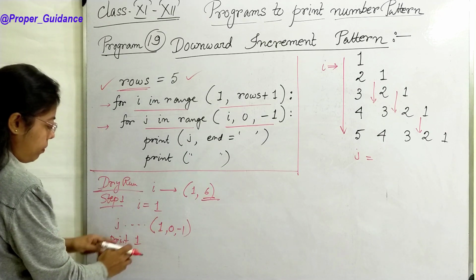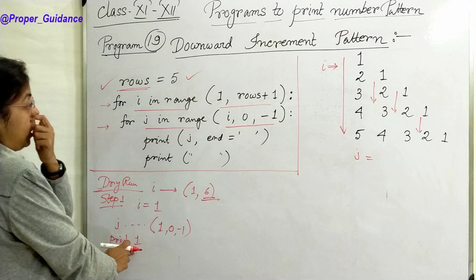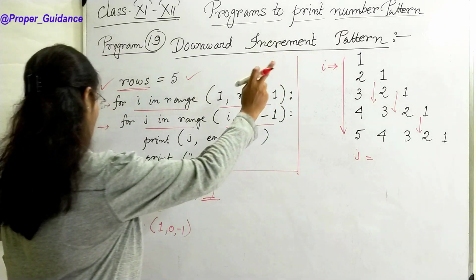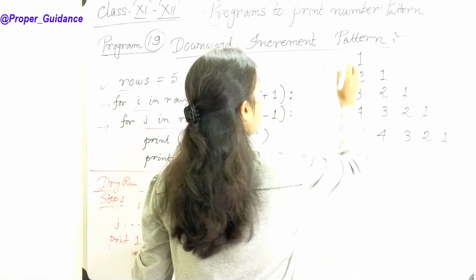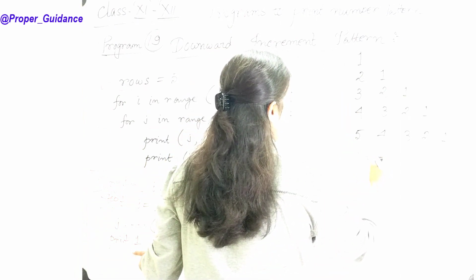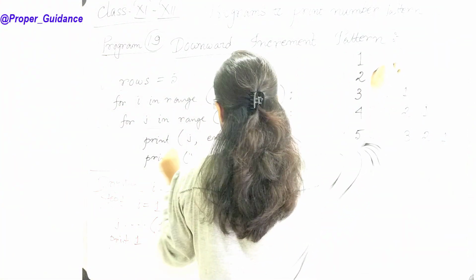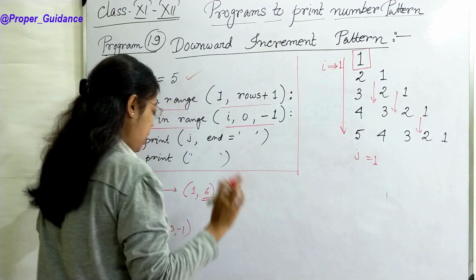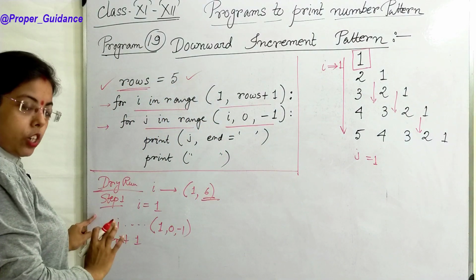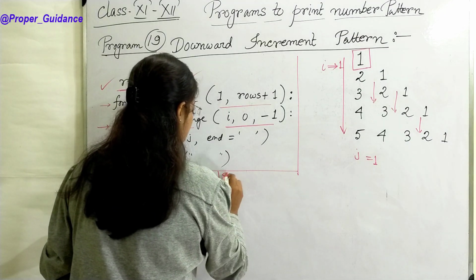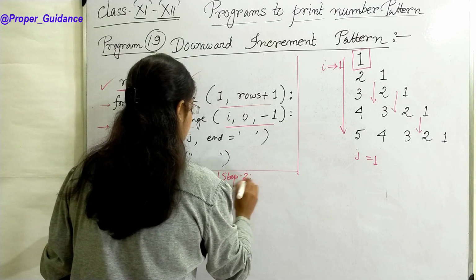So in the first row, when I is equal to 1 and j equals 1, it will display 1 here with end equals space, and the new line means after that another line will start here. This is our step 1. Next, step 2.